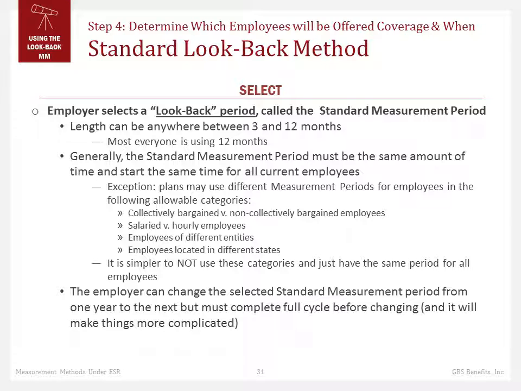I would just simply choose the same measurement period and same time for all of your ongoing employees or any other employee that is put into this standard. So we won't spend much time on that because it's much simpler not to use these categories. If you want to talk further about using these categories, I am happy to talk to you about it offline, so contact me, but we're just going to skip over that and say the simplest thing to do and the approach we recommend is to have the same measurement period for all of your employees.